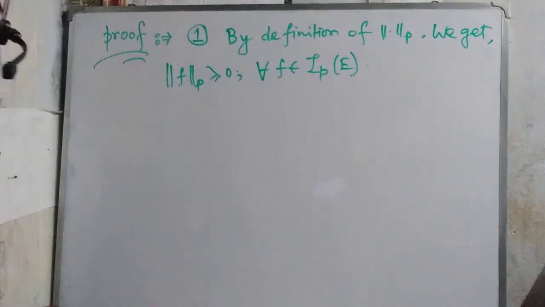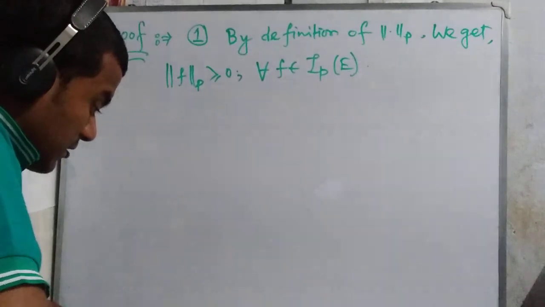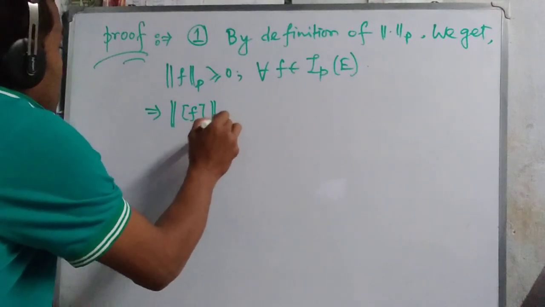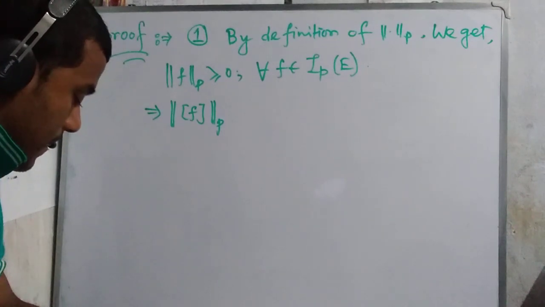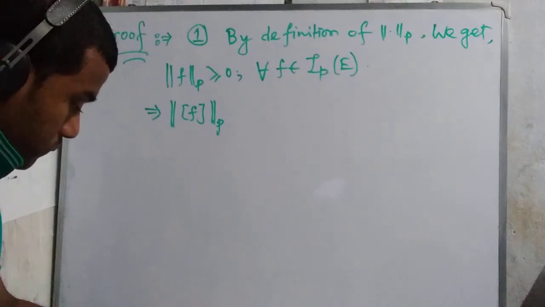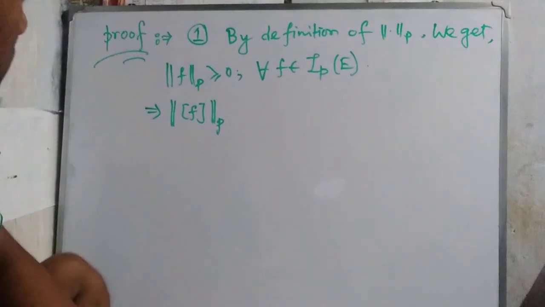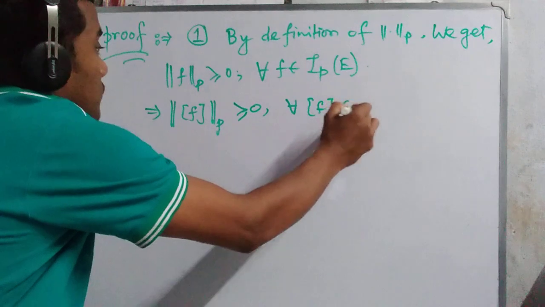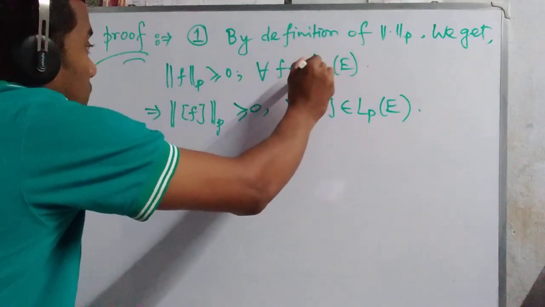Okay, understood? And this implies that norm of f p is greater than or equal to 0 for all f belongs to L^p(E).